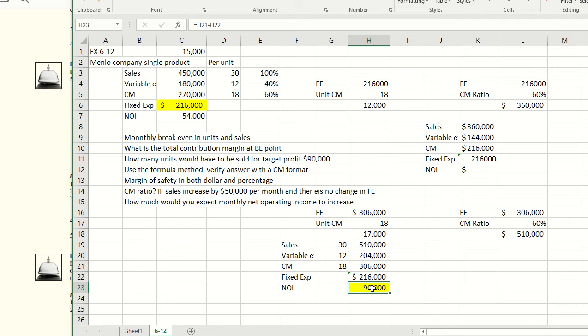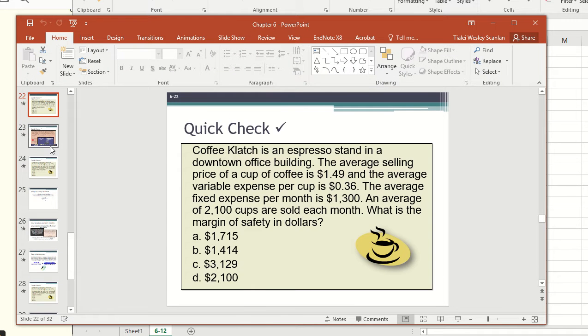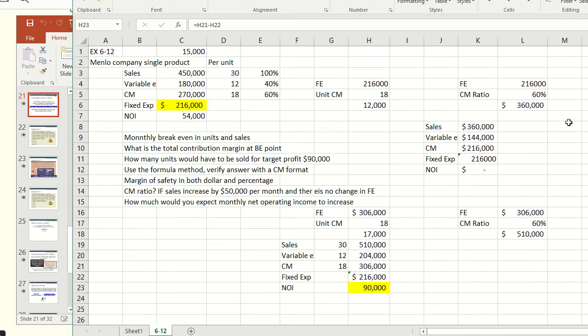Okay, moving on. Refer to the original data, compute the company's margin of safety in both dollars and percentages. So margin of safety, we could go back to our PowerPoint and go back a few slides. Margin of safety equals total sales dollars minus break-even sales. Break-even sales we knew was going to be $360,000.